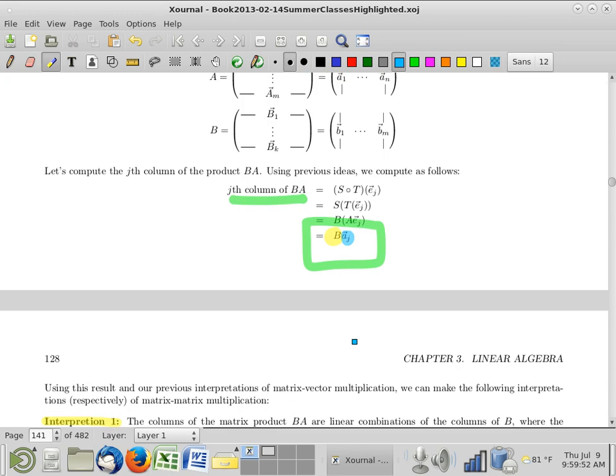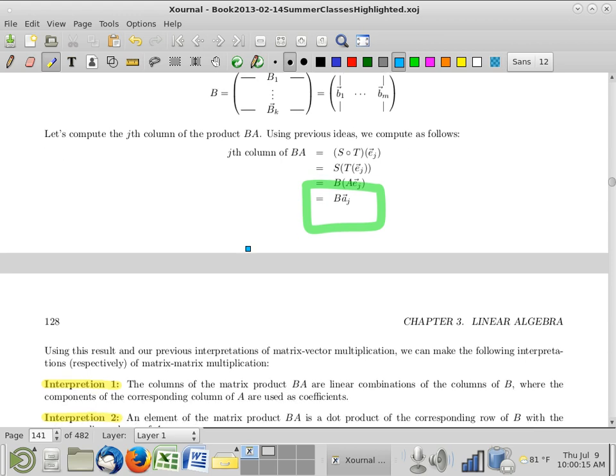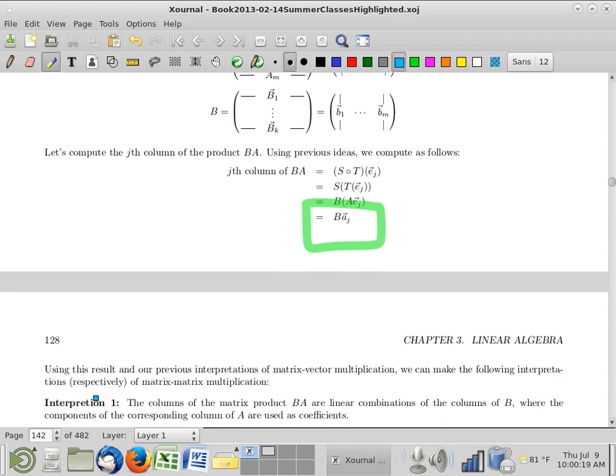And side note, let's not forget we have an interpretation of this already. How do you multiply a matrix times a vector? Well, this is a linear combination of the columns of the matrix, where I use the entries of this vector as my coefficients. So altogether, that gives us this interpretation 1.